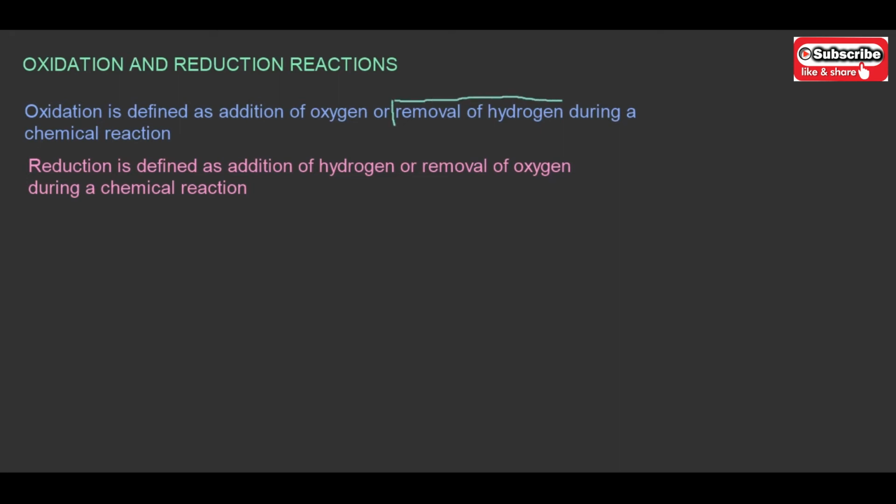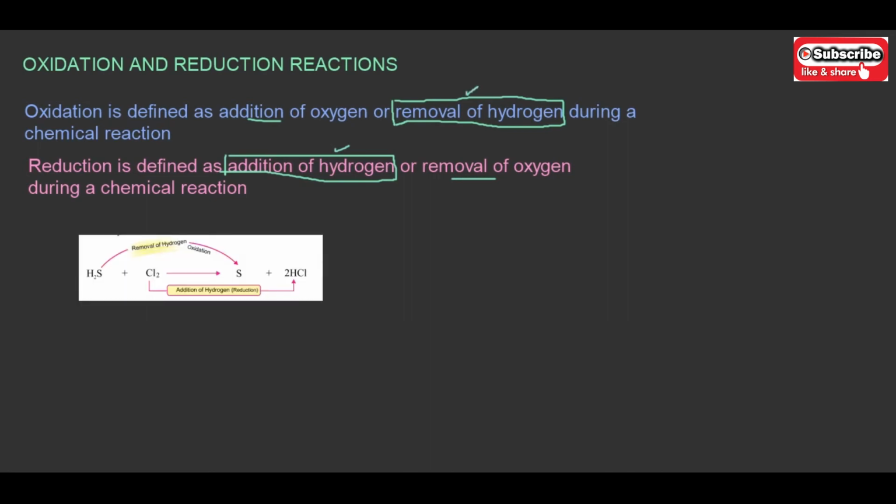So now in this we would be focusing on removal of hydrogen and addition of hydrogen. In the previous 3 examples our focus was on addition of oxygen and removal of oxygen. Now in this case our main focus would be on removal of hydrogen atom and addition of hydrogen atom.